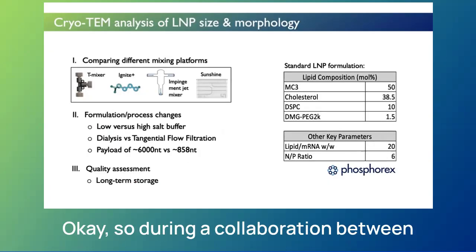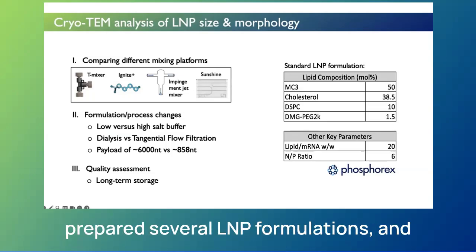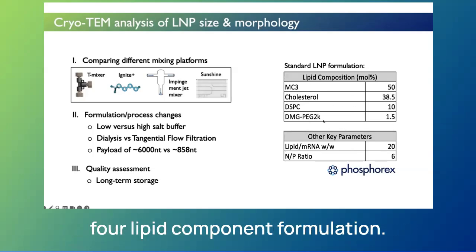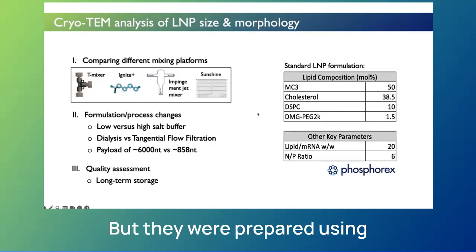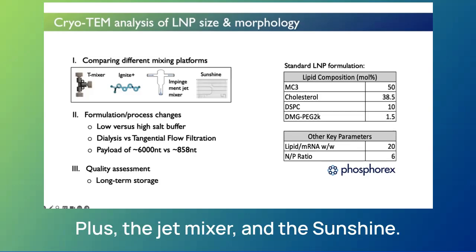Okay, so during a collaboration between NAS and Phosphorex prepared several LNP formulations, and they basically all consisted of a standard 4-lipid component formulation. But they were prepared using different mixing platforms. They used the T-Mixer, the Ignite Plus, the Jet Mixer, and the Sunshine.